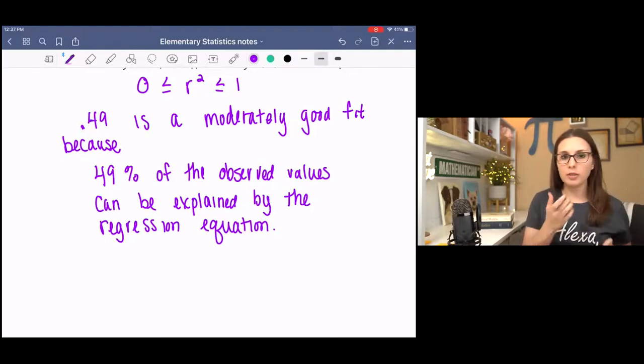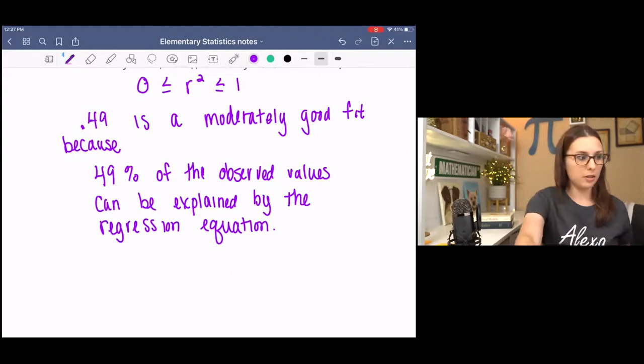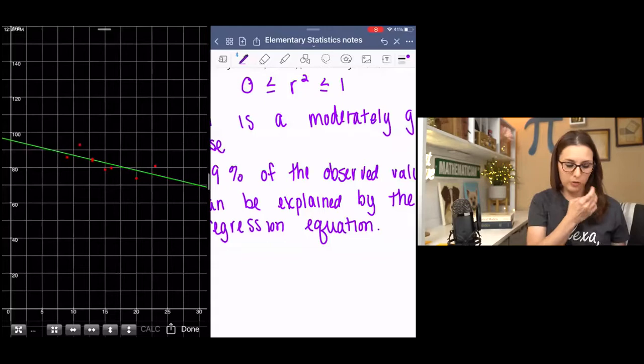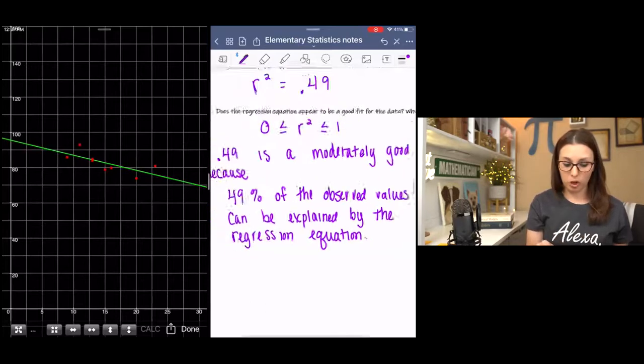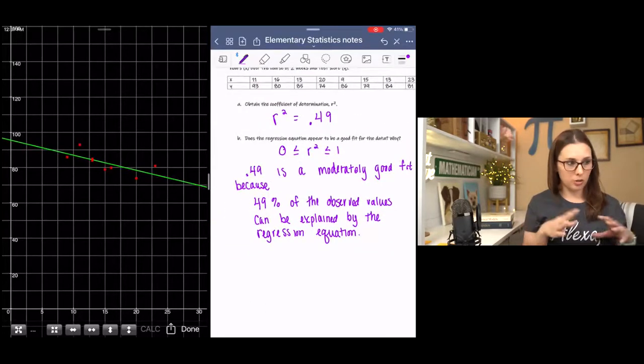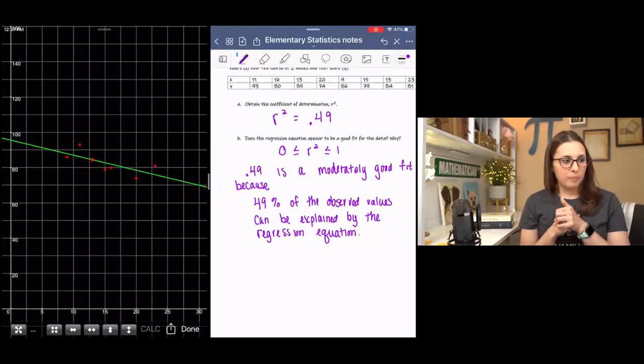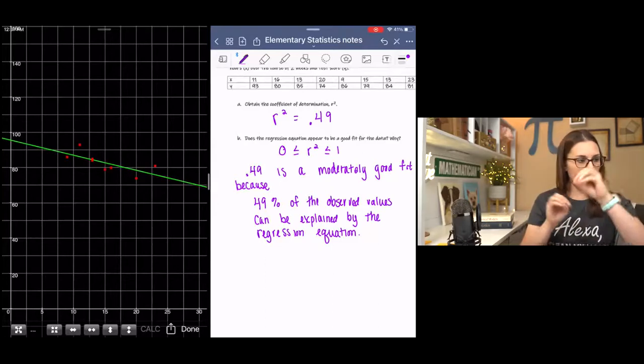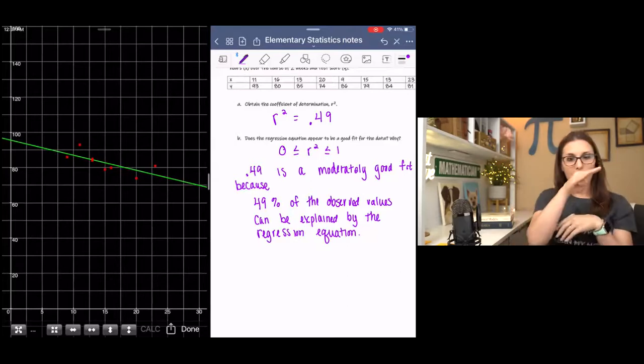If we were to look at the scatter plot of this, I still have this data in my calculator in the stat plot, and in Y equals, I still have my regression equation. So I just pulled that up. You can see that we have our scatter plot and all the dots are kind of spread out, and then we have our line going through it.